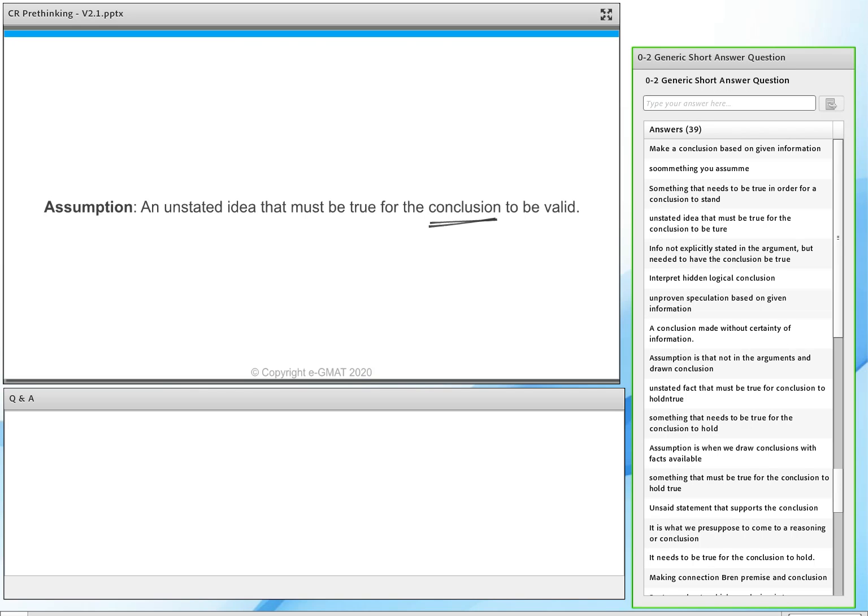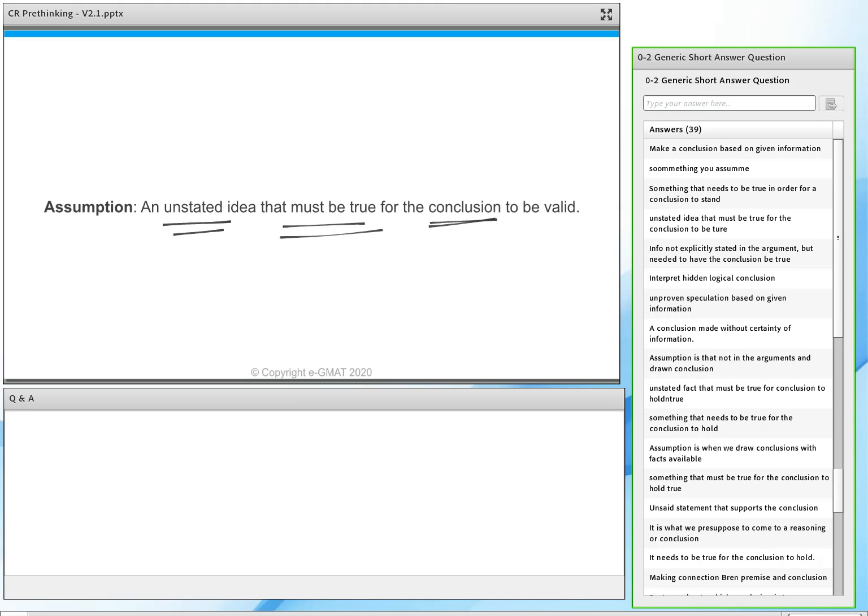The second thing is it's an unstated idea, which means that you shouldn't be able to infer the information that an assumption provides from the information given in the argument. And then the third thing, which is probably the trickiest thing when it comes to assumption questions, is the notion of what constitutes must be true. Because an assumption has to be true for the conclusion to be valid.